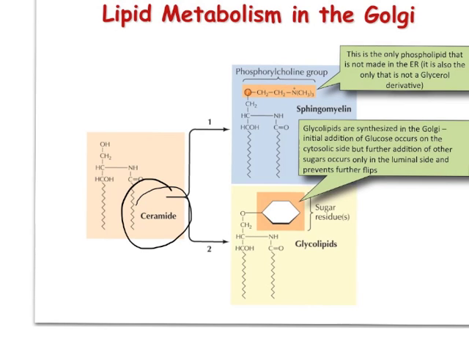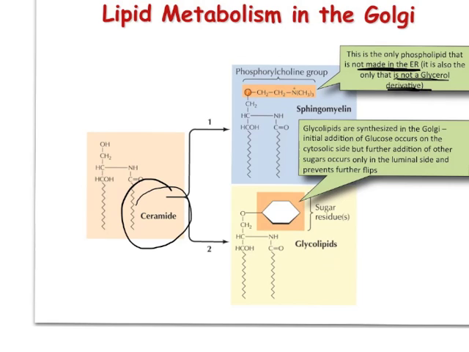Ceramide arrives in the Golgi, and in the Golgi it is modified and converted into either sphingomyelin or glycolipids. Sphingomyelin is a phospholipid, and in fact it is the only one that is not synthesized in the endoplasmic reticulum. It is also the only phospholipid that is not a glycerol derivative.